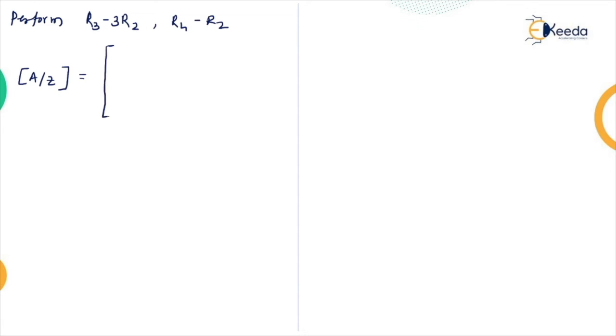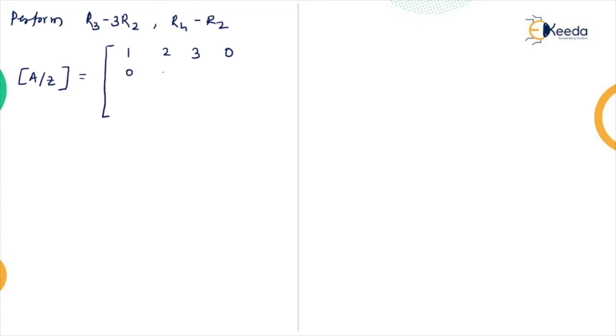So this is the first row, guys. What are the first and second rows? 1 2 3 0, and the second row we write 0 minus 1 minus 5 0. Nothing changes in these two rows.